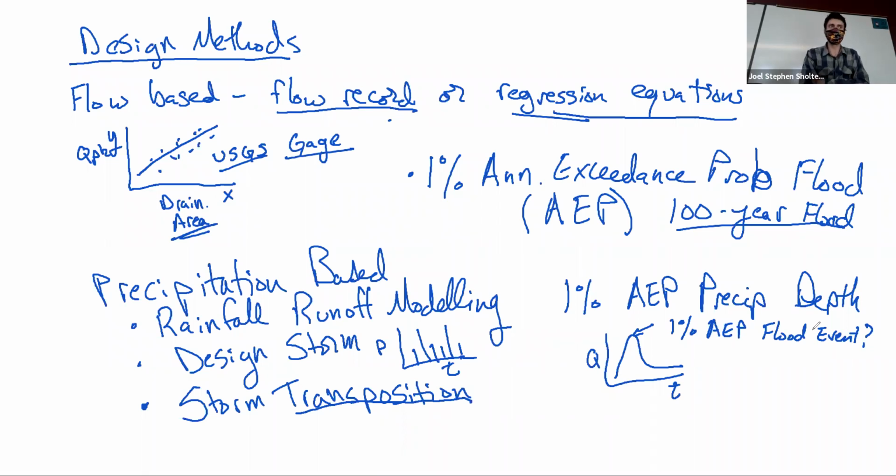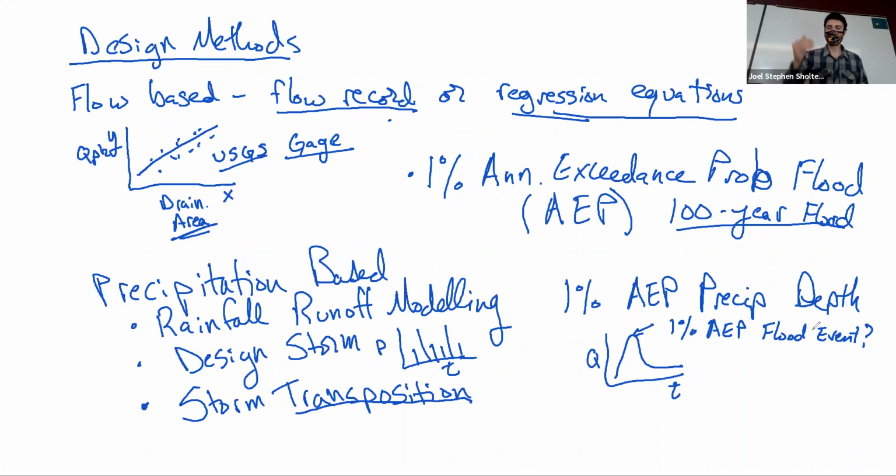There's a non-linear relationship. For example, for the 2013 flood event in Colorado on the Front Range, the 7-day cumulative rainfall over Boulder and the Front Range was on the order of a 1,000-year recurrence interval, or 0.01%. So really, really massive rainfall.